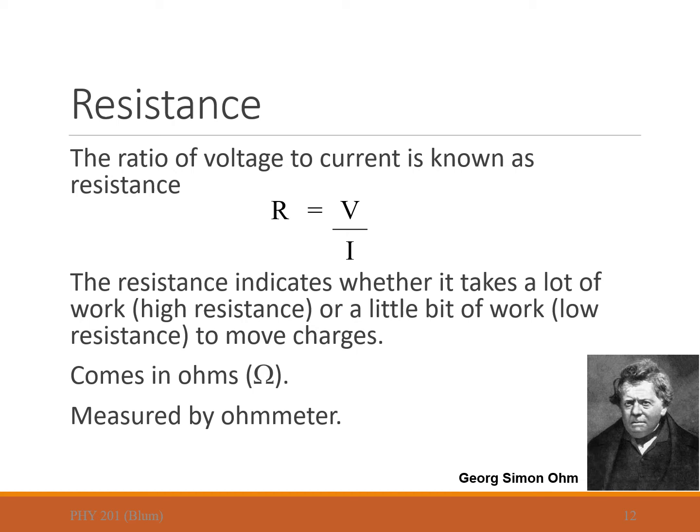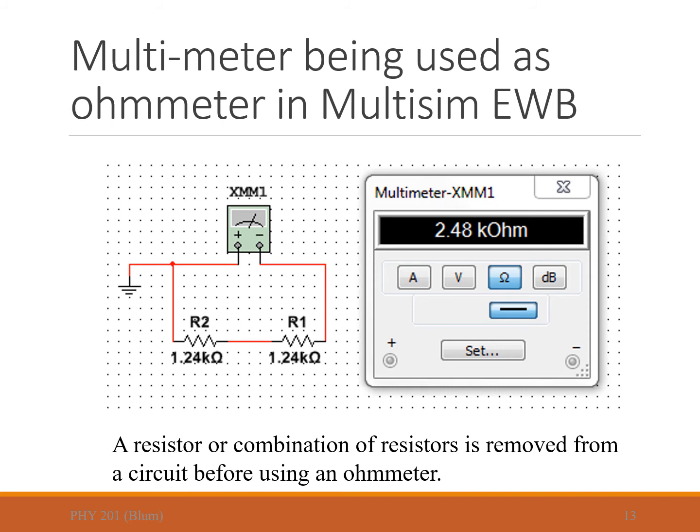The unit of resistance is known as an ohm, named after Georg Simon Ohm, and it can be measured by a device known as an ohmmeter. This picture shows us using a multimeter that has been set up as an ohmmeter. As opposed to when we measured the voltage with a voltmeter, and when we measured the current with an ammeter, in both of those cases, there was a battery supplying some energy.